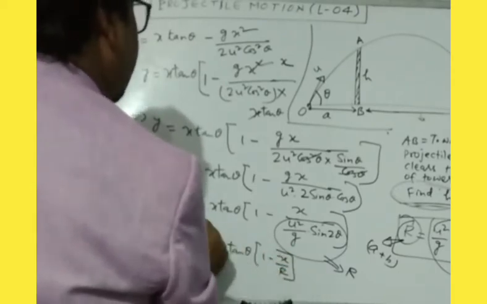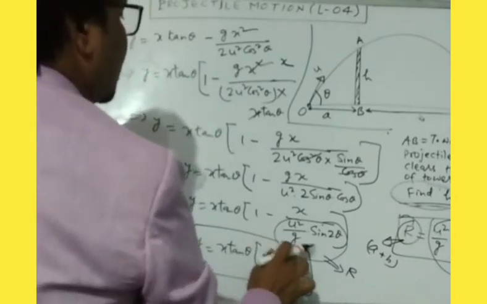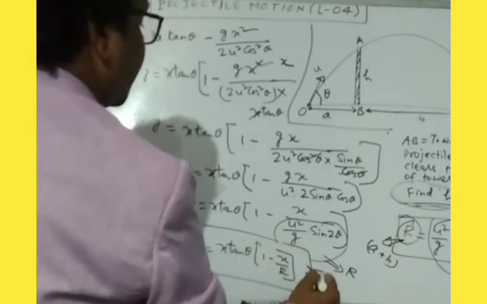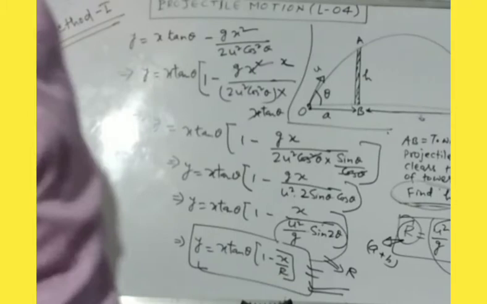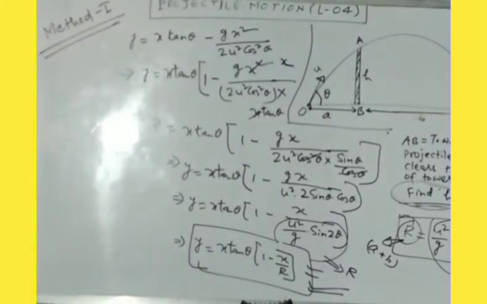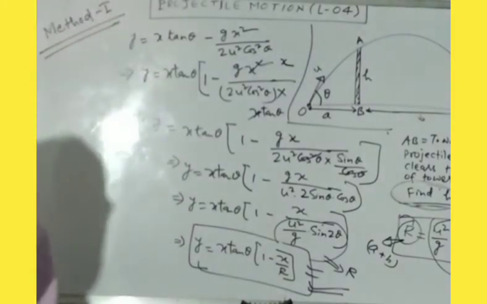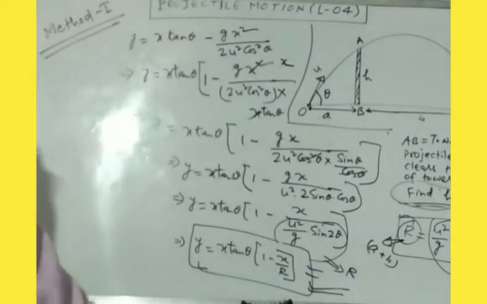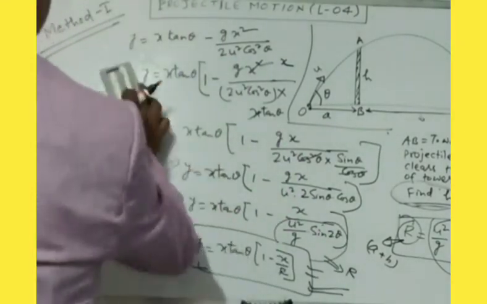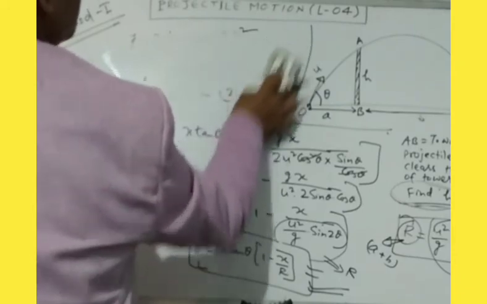Basically this is a standard result also. You should remember this result directly. So this is an important result. Finally we are finding this result: y equals x tan theta into 1 minus x upon R. So I am just rubbing out all these parts.